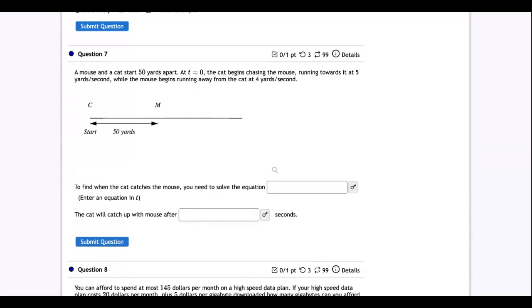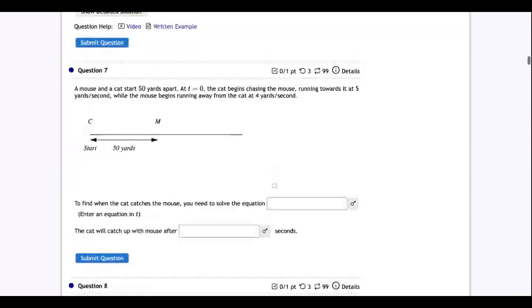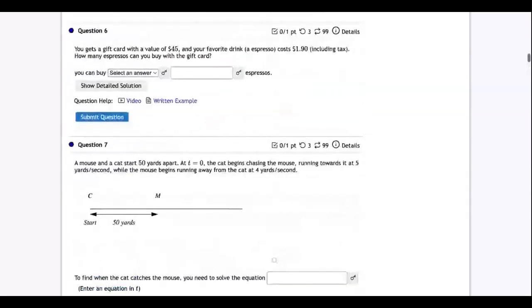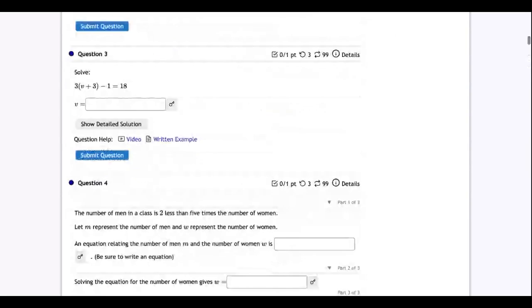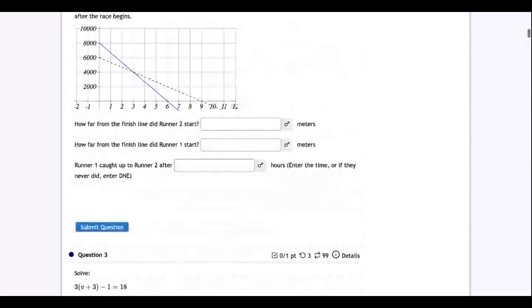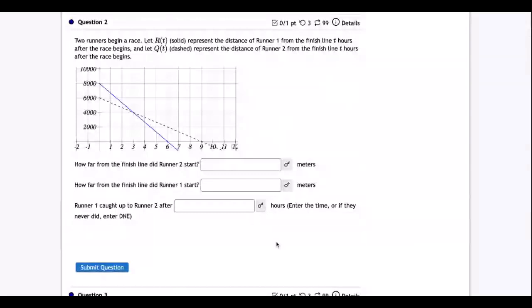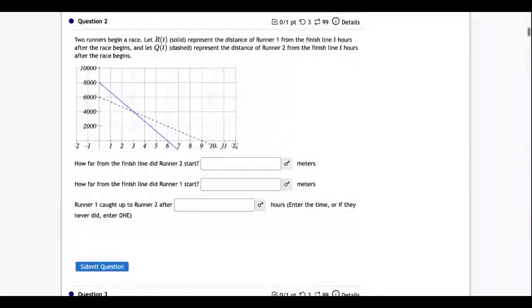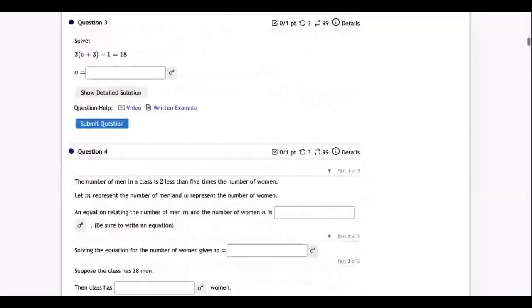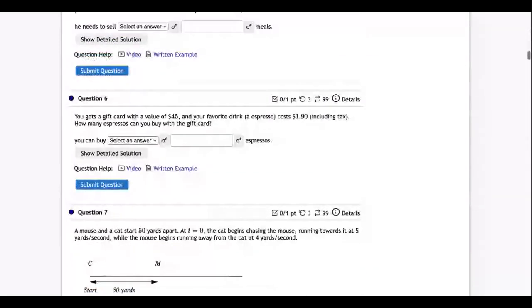There was a question also on the quiz where you would have to derive the slope and the y-intercept from the line that was presented on a graph. I'm not sure which question that was. Yeah, you need to find a question for me to explain it.